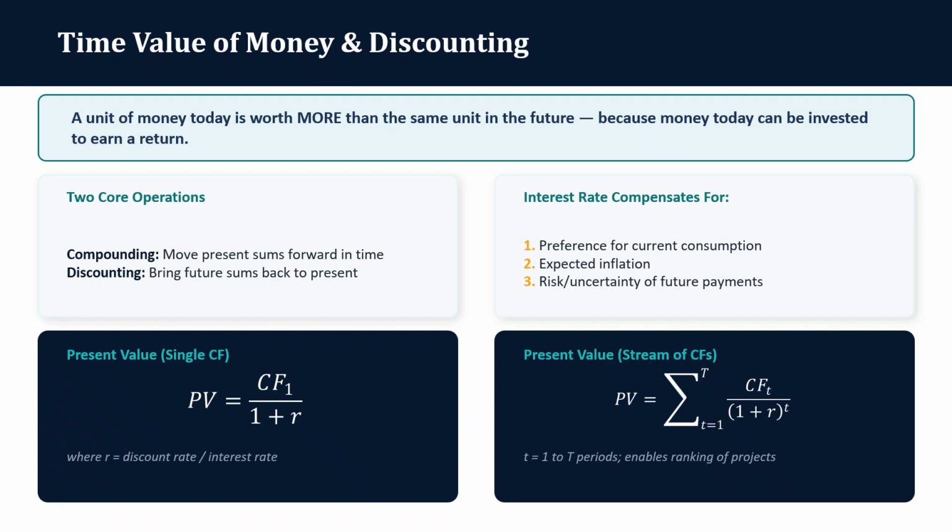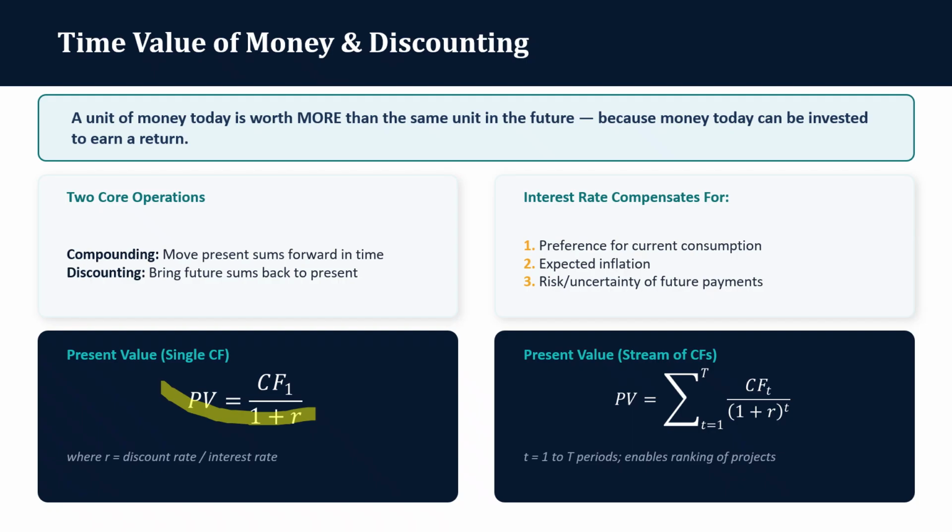So we write the present value of a single future cash flow with the formula you can see on the screen, which is written as PV equal to CF1 divided by 1 plus R, where CF1 simply shows the cash flow one period from now, and R is the discount rate or the interest rate.